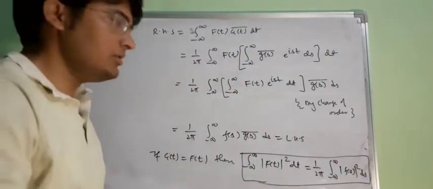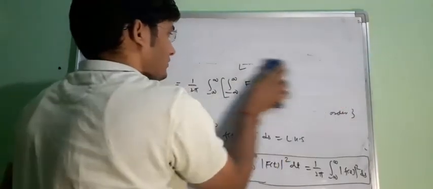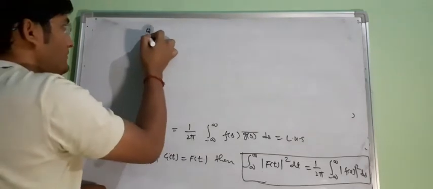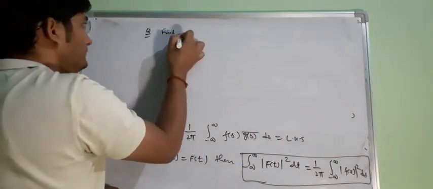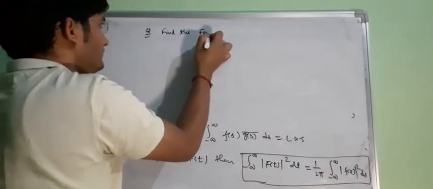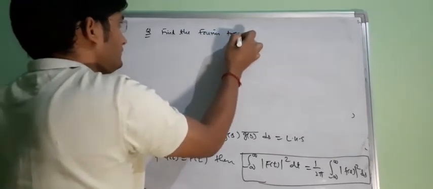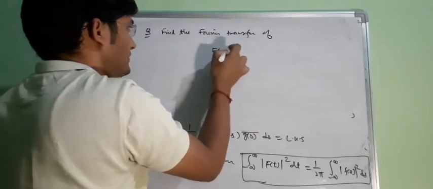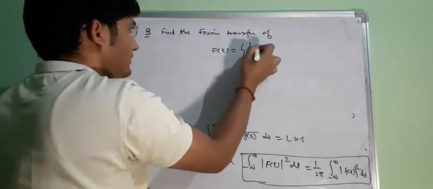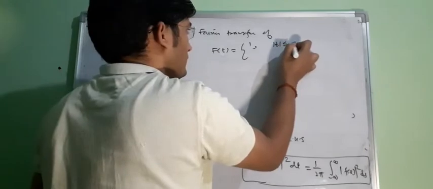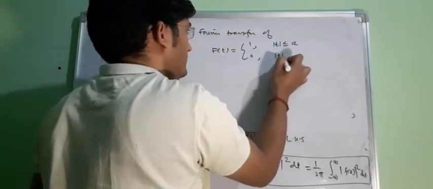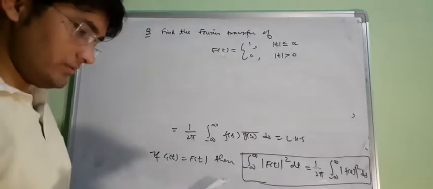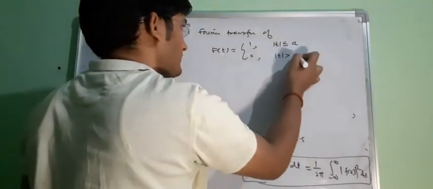Now let us solve a question related to this Parseval identity. Question: find the Fourier transformation of f(t) equal to 1 when mod t is less than or equal to a, and 0 when mod t is greater than a.